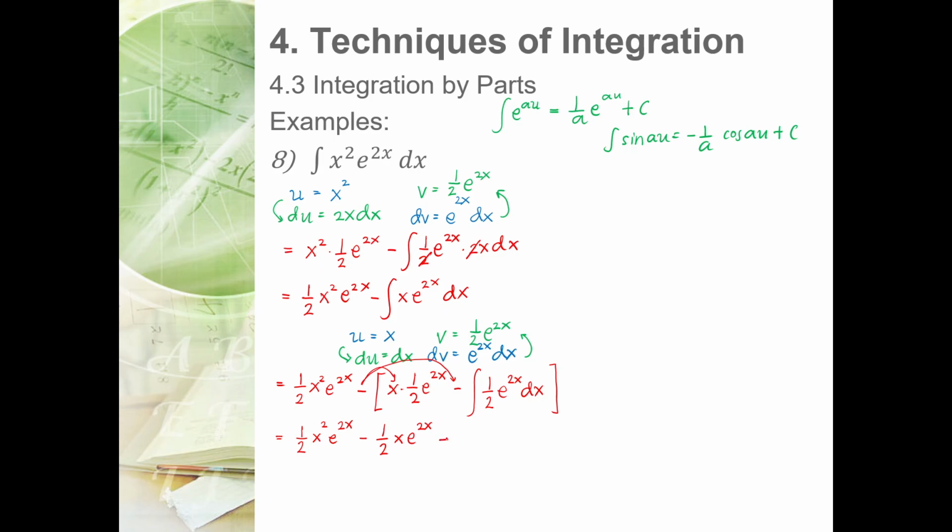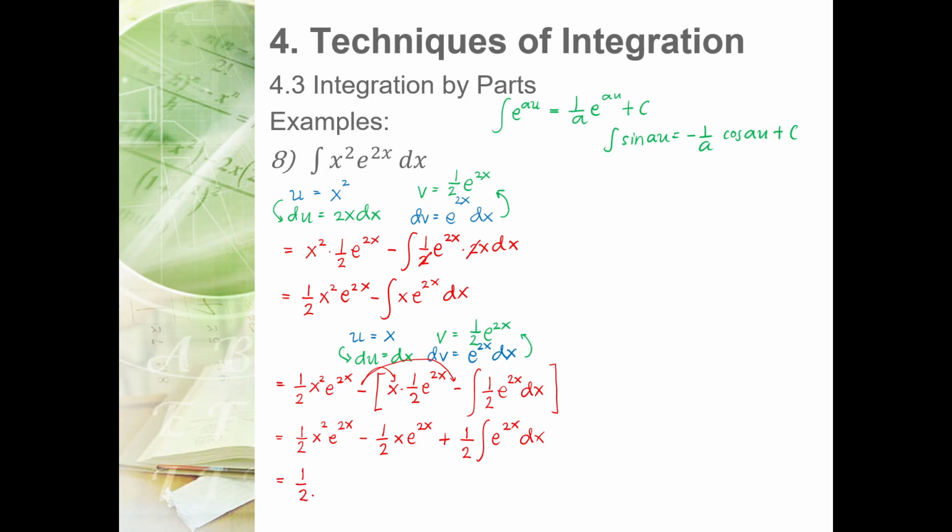so this becomes plus the integral of 1/2. So let's take 1/2 outside. So 1/2 integral of e raised to 2x dx. So now it's simple to integrate.